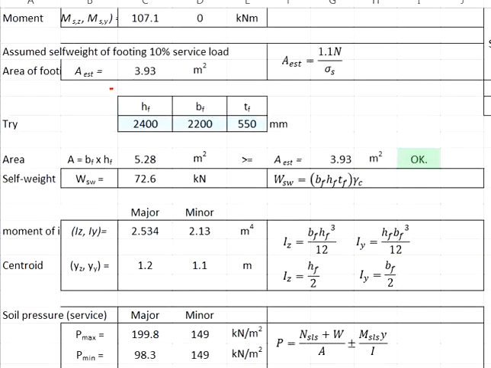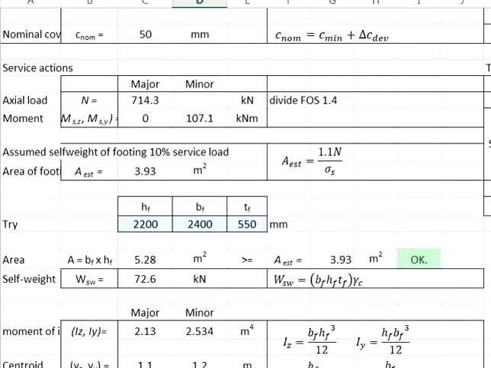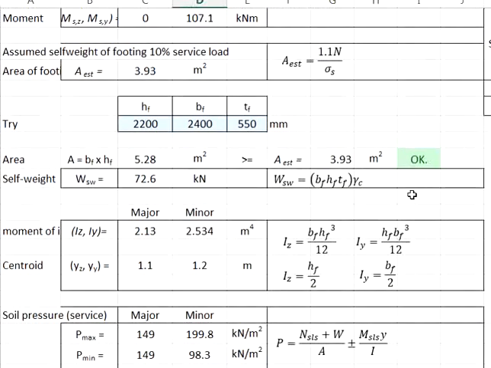In the previous example, where we have the pad footing subjected to axial loads plus the moment in the major axis, the dimensions were 2.4, 2.2 and 0.55. Now for the moment in the minor axis, we're going to use the same size except now the 2.2 and 2.4 swap. The purpose is to demonstrate the differences in terms of the calculations later.